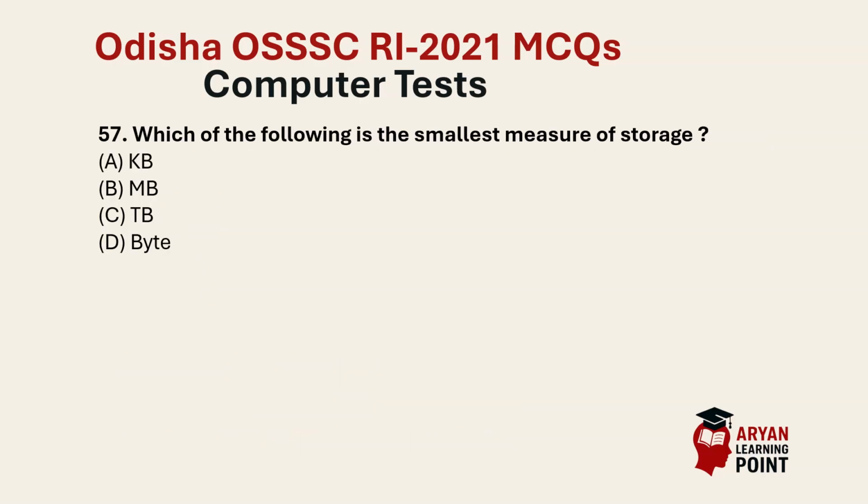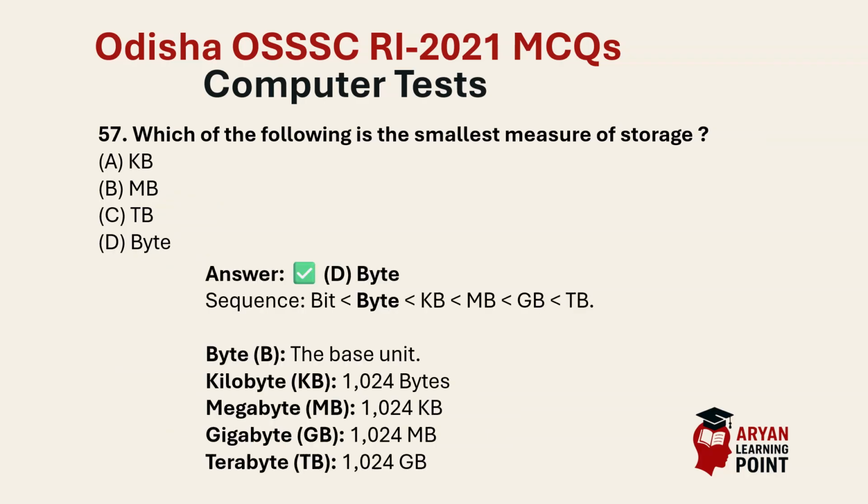57. Which of the following is the smallest measure of storage? A. KB. B. MB. C. TB. D. Byte. Answer: D. Byte. Sequence: bit, less than byte, less than KB, less than MB, less than GB, less than TB.